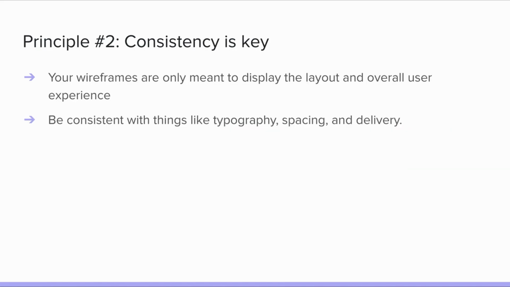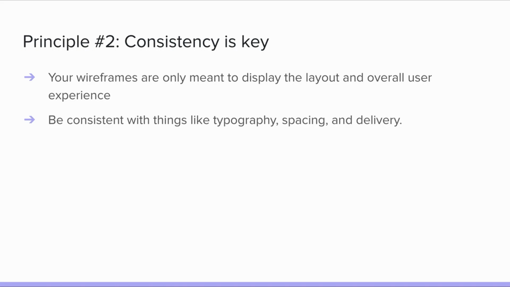So consistency is key. Your wireframes are only meant to display layout, just to reiterate, and the overall user experience. So be consistent if you are doing this digitally. Obviously, be consistent with typography. You don't need Comic Sans and then Arial and then Times New Roman here and there. If you want to commit to one typography, say Arial, then you can just use Arial throughout.